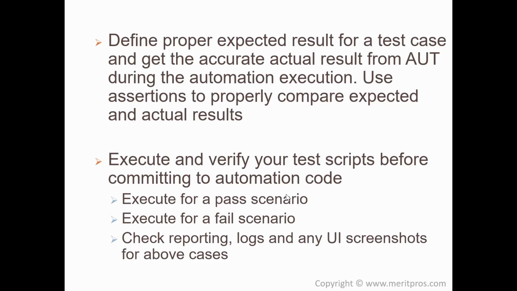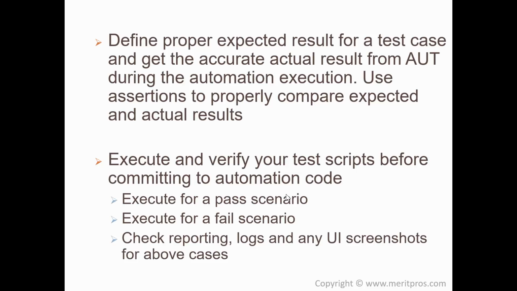Then you need to test for a fail scenario as well. If a test case is never failing, then it is not really worth it. It should fail sometime so that we can get a defect, or it is giving us something back. So test for a fail scenario as well. You can change some AUT state or you can change some text and try the fail scenario.